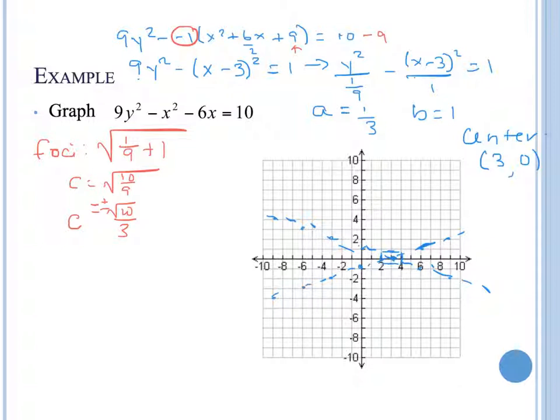And so from my center point, I would have 3 plus the square root of 10 over 3, comma 0, and I would have 3 minus the square root of 10 over 3, comma 0.